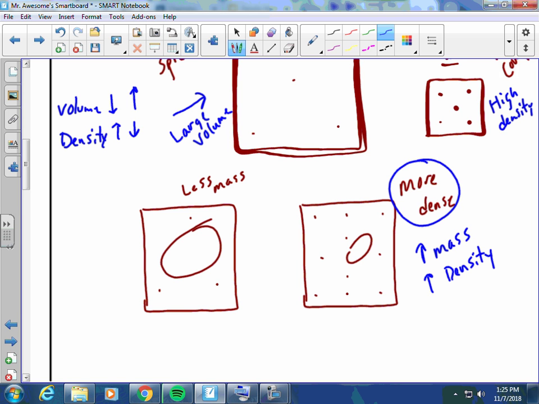Would you agree with that? If I decrease the mass, keeping the volume the same, like I removed particles, the density would also go down? Yes. So we call that a direct relationship.